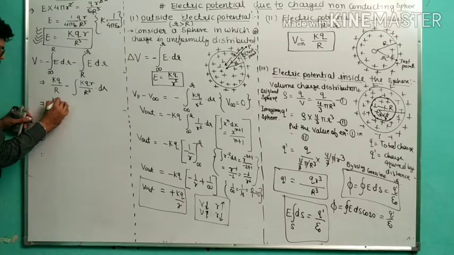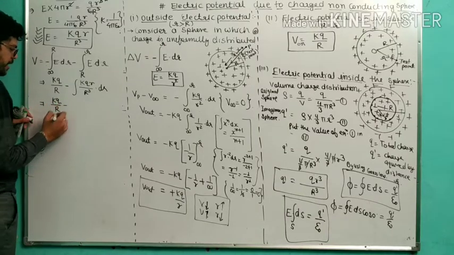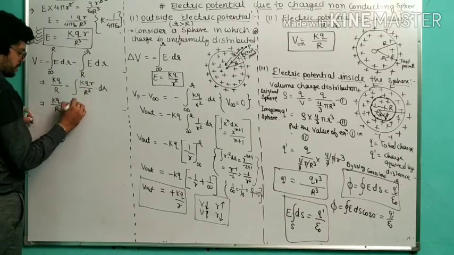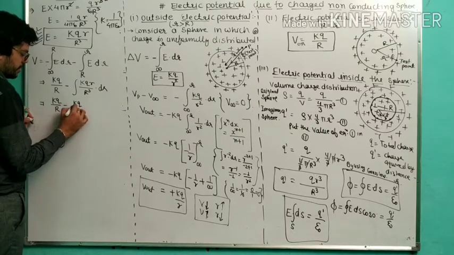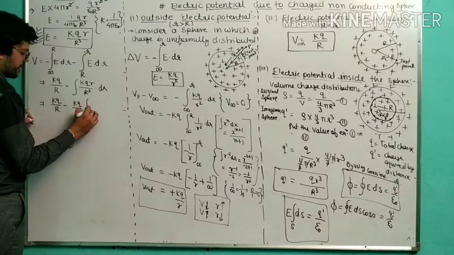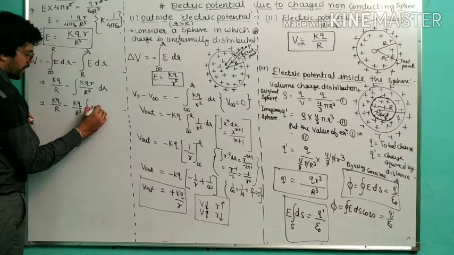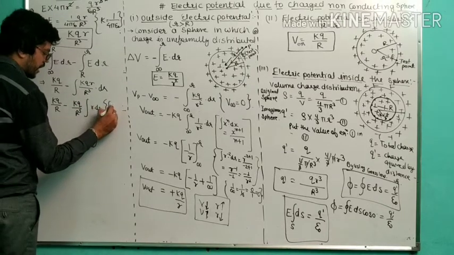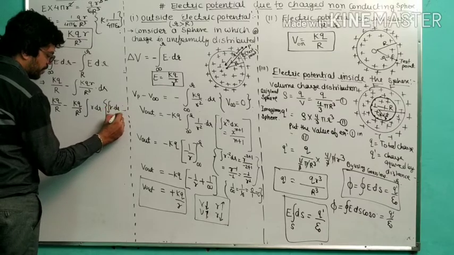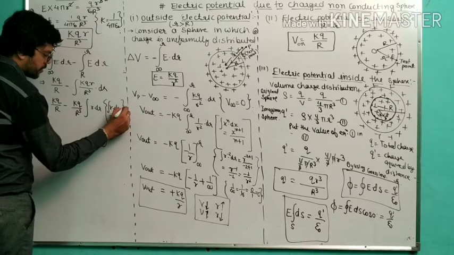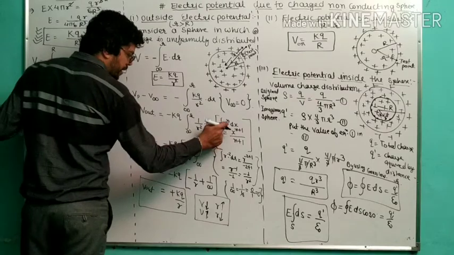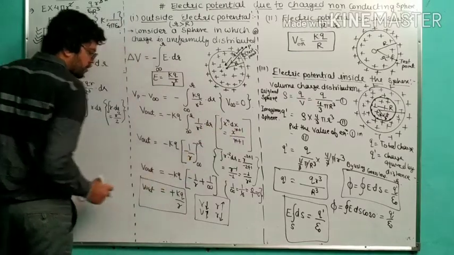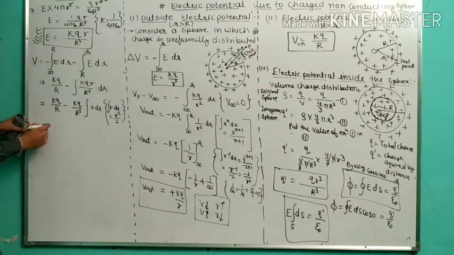So kq upon capital R minus, we take kq outside and R cube also outside, and here we are going to solve the integral of r dot dr. We apply the formula: the integral of x to the power n dx is x to the power n plus 1 upon n plus 1. So it will be r square by 2.